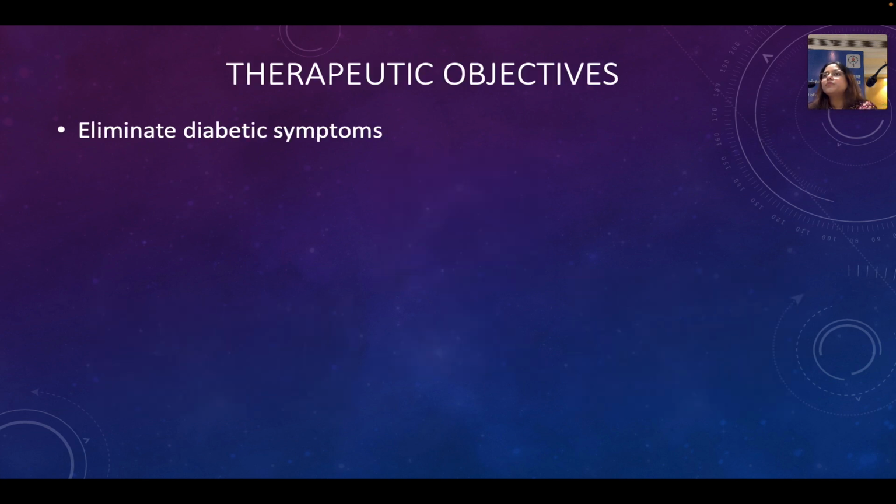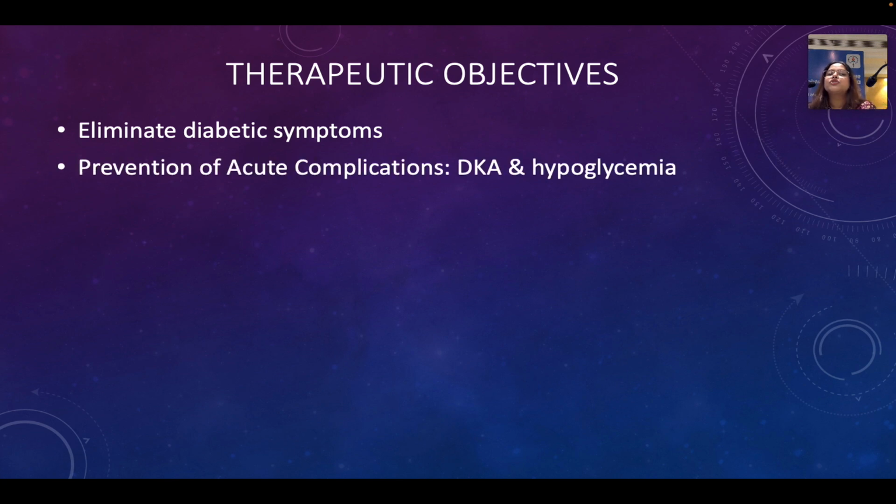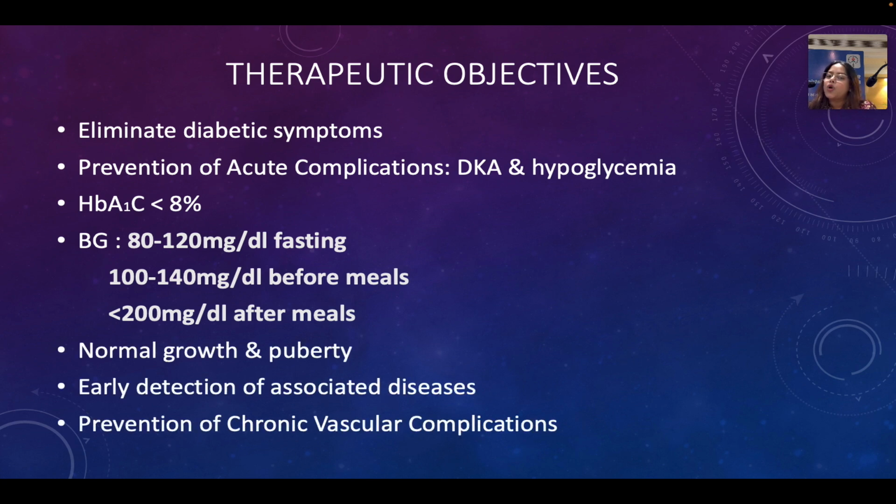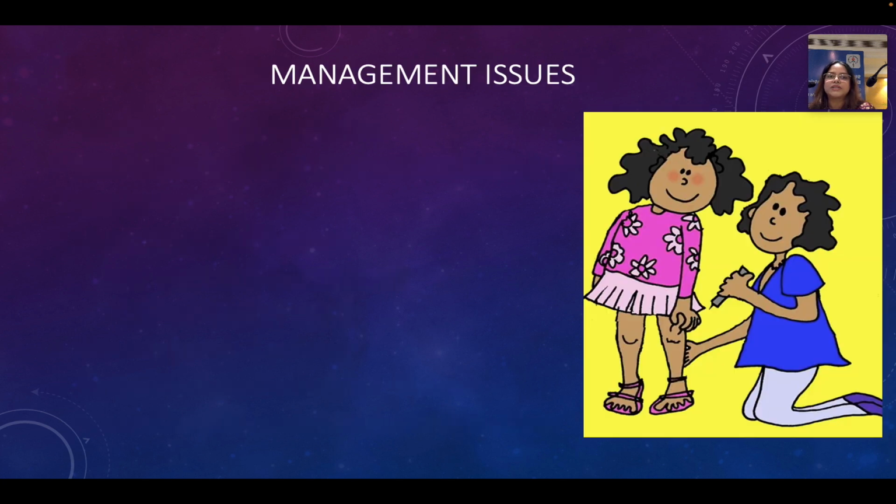Now, our therapeutic objectives are basically to eliminate the diabetic symptoms, prevent acute complications like DKA and severe hypoglycemia, keep HbA1c less than 7%, blood sugar ideally 80 to 110 for fasting, 100 to 140 before meals, and less than 180 after meals, normal growth in puberty, early detection of associated diseases, and prevention of chronic vascular complications.